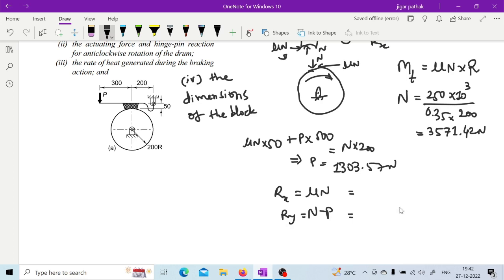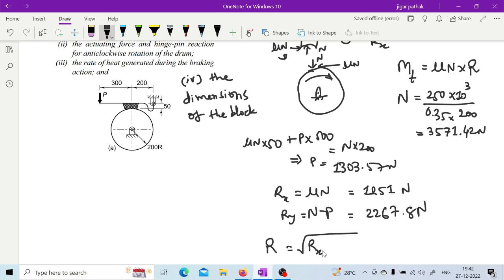So what is this Rx? It is almost around 1251 Newton. Similarly, you have N and P, so Ry will be 2267.8 Newton almost.